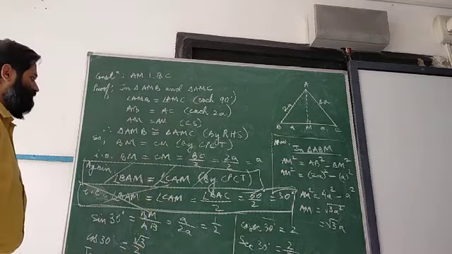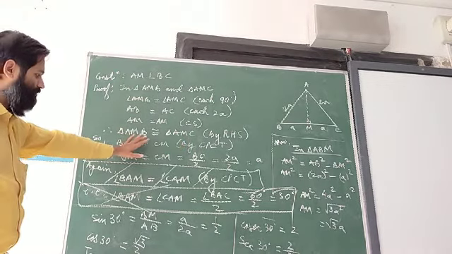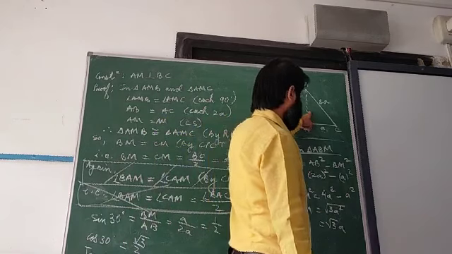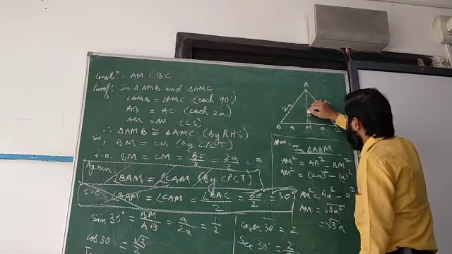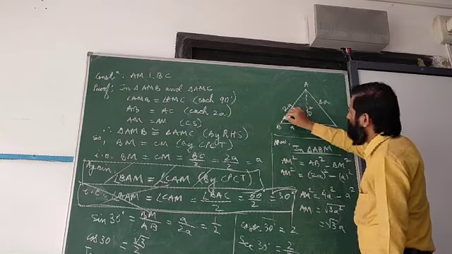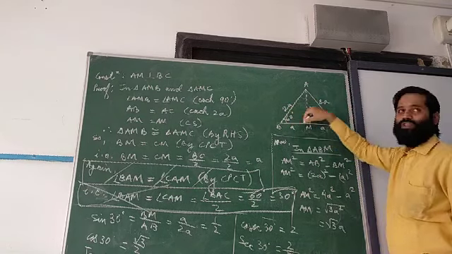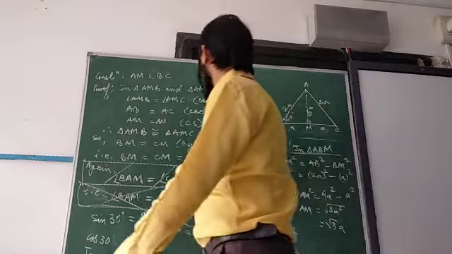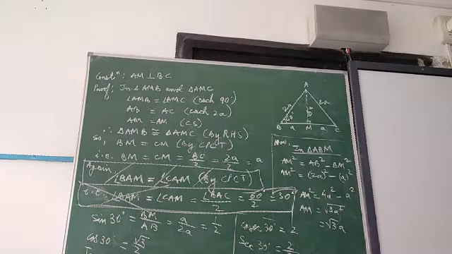Up to this much, same thing you will copy. Then in this triangle you will find AM. AM you will get root 3A. This is 60 degree. Now apply trigonometry in this triangle. That's all. These two steps you have to remove. So we have to write from first.